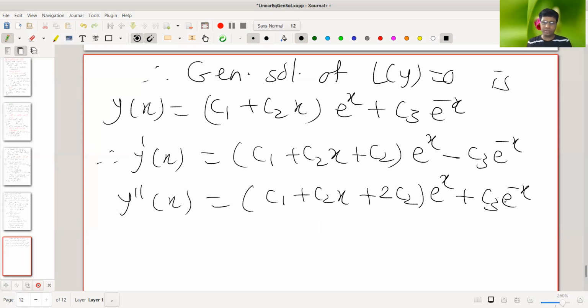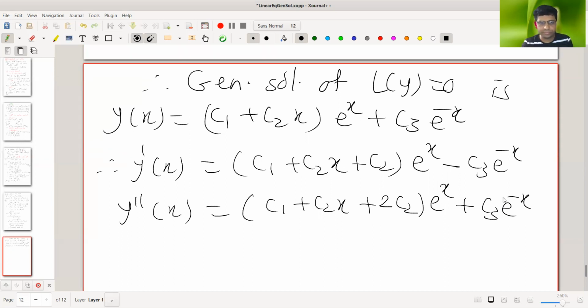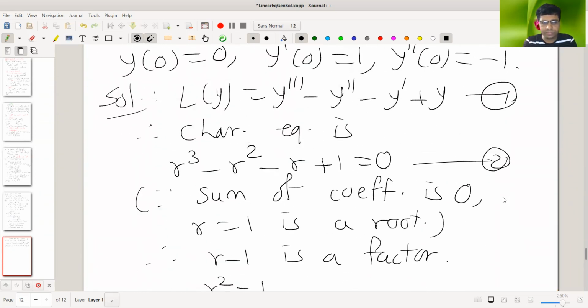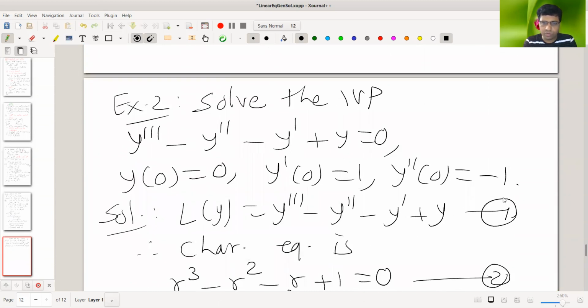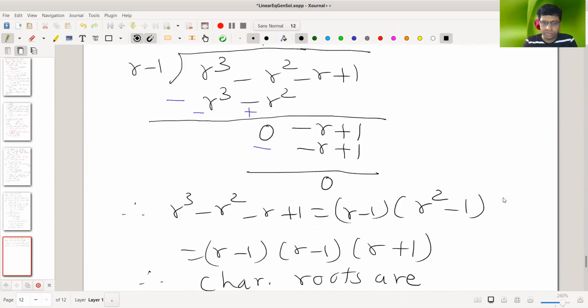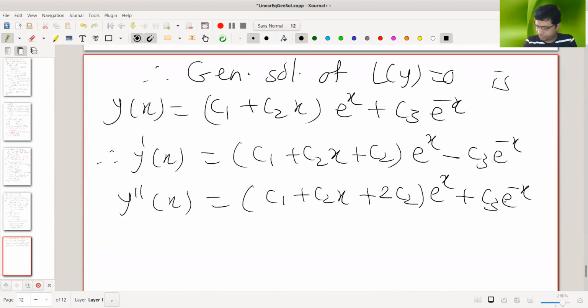Now given initial conditions, given that y of 0 is 0, y dash 0 is 1, and y double dash 0 is minus 1. So y of 0 is 0. Therefore 0 equal to y of 0, that is, we put x equal to 0 on the right, so that we get C1 plus C3.